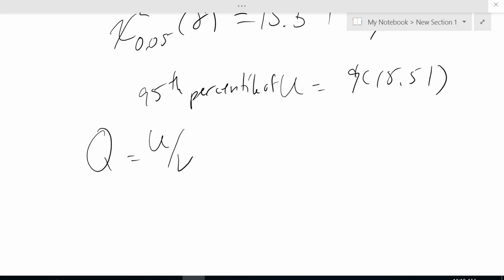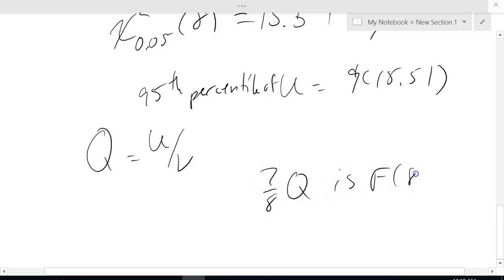So I need to divide the top by 8, the bottom by 7, right? So we would have 7/8 Q then is F of 8/7. That's owing to the fact that I have to put the 7 in the denominator of the denominator.